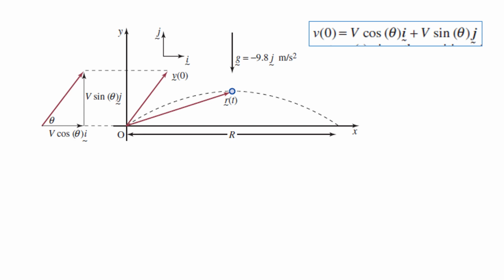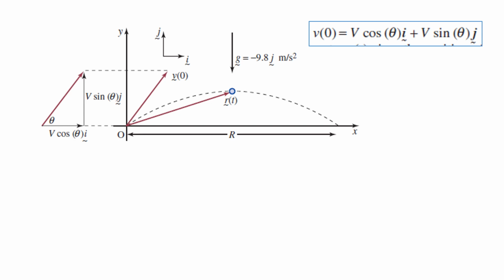Okay, so there's the classic setup for projectile motion, ignoring air resistance as we're going to do for a while. We've got our acceleration due to gravity, g, working in the negative j direction. As you can see, negative 9.8 j is marking its acceleration.